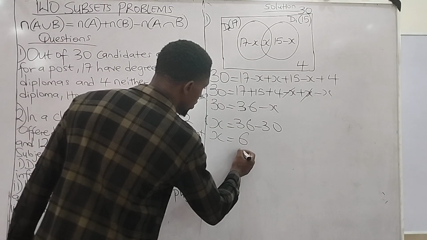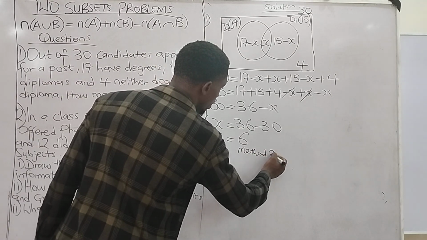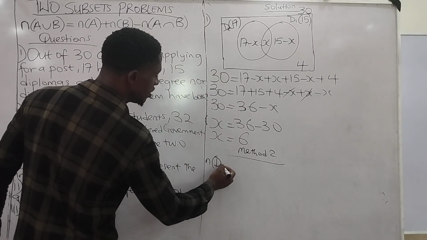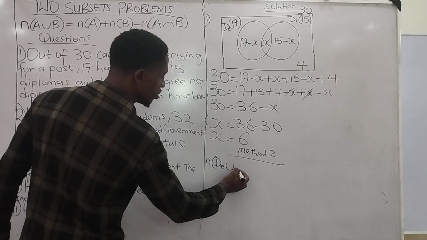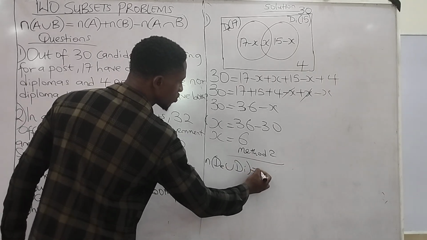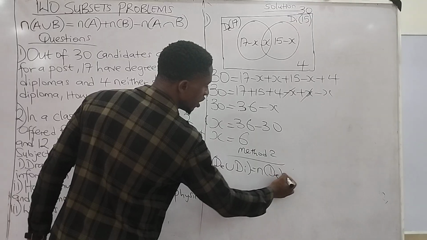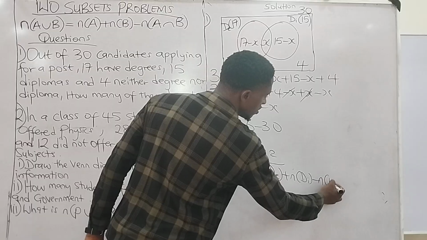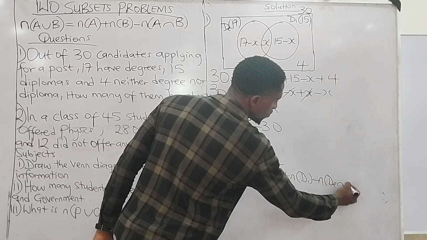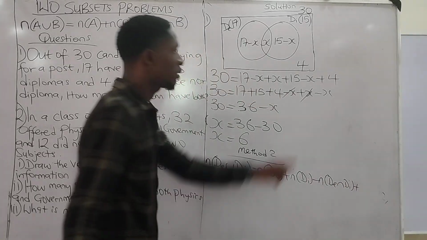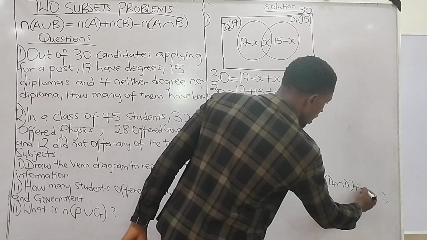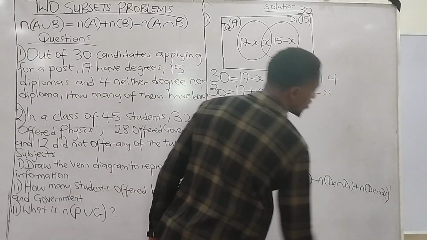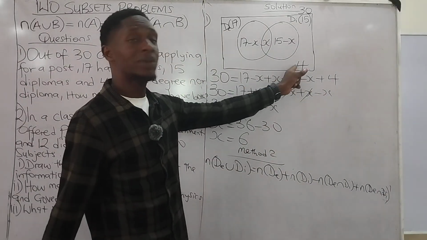If we are to use method 2, we have n(DE union DI) is equal to n(DE) plus n(DI) minus n(DE intersection DI). They said something about neither, so we have to add it: n(DE union DI) complement. It means that it's talking about the neither.